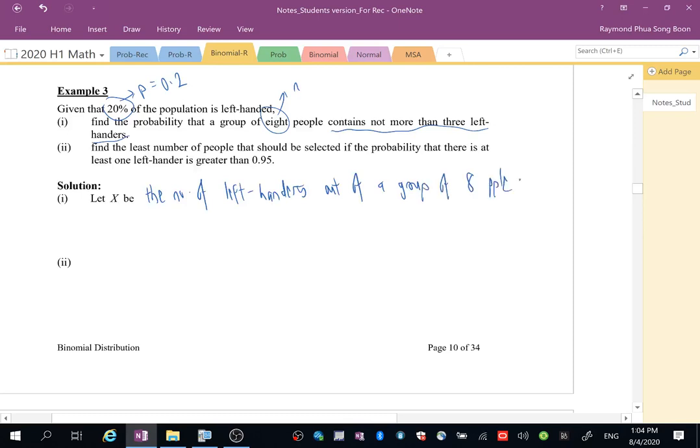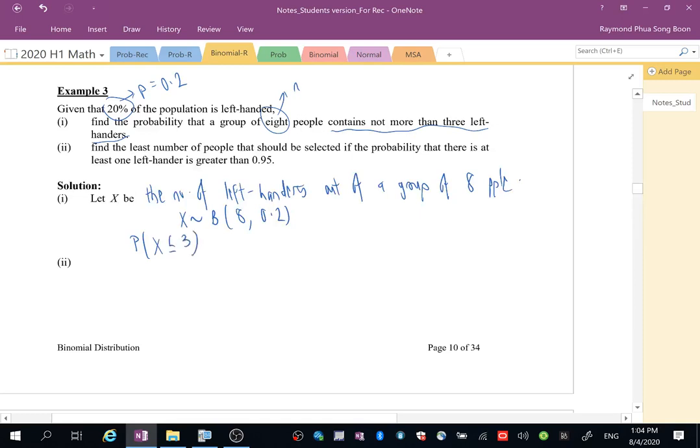Binomial distribution you always define as number of what out of how many. So x can be modeled by binomial distribution with n equals 8 and p equals 0.2. These are the two steps you always need to go through: define a random variable and write down the value of the two parameters for binomial distribution before you start to work out the probability.